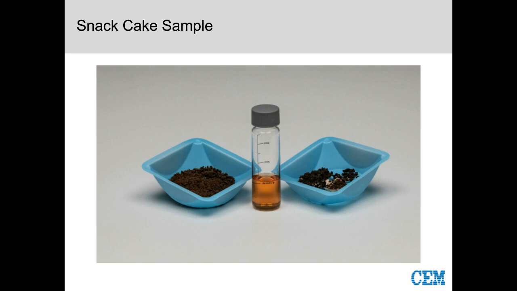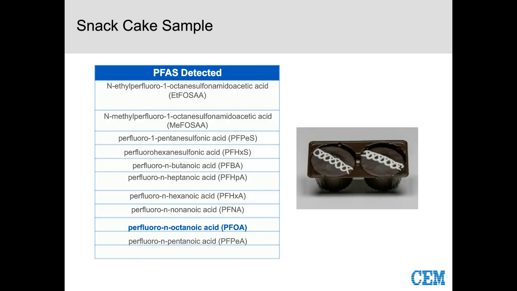The white that you see going on here now in the post-extract is that little bit of C18 that we put in there to remove the lipid compounds, and then we get that clear extract ready to go for analysis.